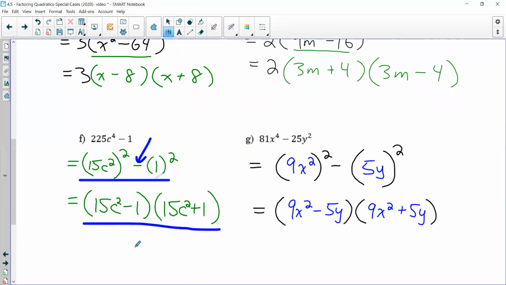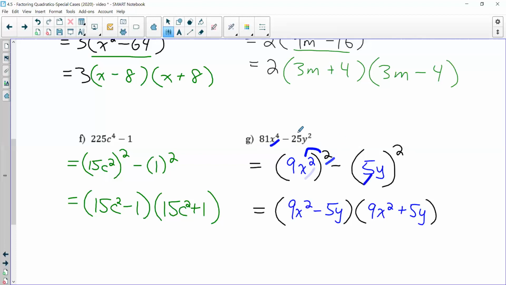A little sneaky. Same thing's true with this one here. So again, even though it's a little bit more complex, 81 is coming from 9 squared. x to the power of 4, kind of like what we saw here, can be written as x squared, all of that is squared. So if we square a 9, we get 81. We square x squared, we get x to the power of 4.